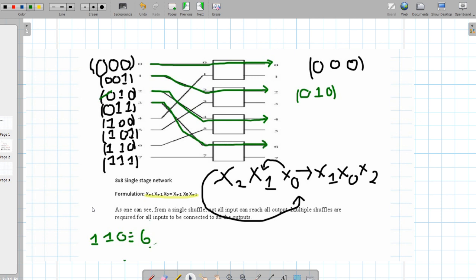Then let us move forward towards our next processor, which has 4 as its address. So if you do the left shifting operation for this processor, the address for the destination processor will be 100 after left shifting.